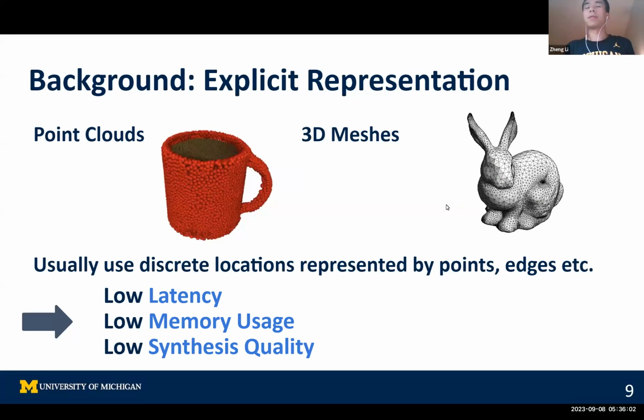For example, point clouds use points to represent the 3D model. This kind of model does not need intensive computation during runtime, so their latency and memory usage are usually quite low. However, as a trade-off, their synthesis quality will also be quite low, because the resolution greatly depends on the number of discrete locations that they store.